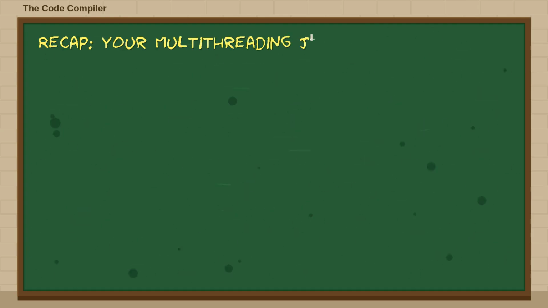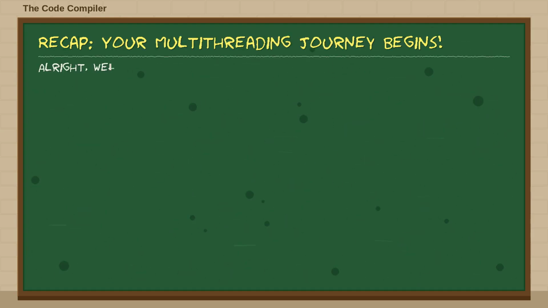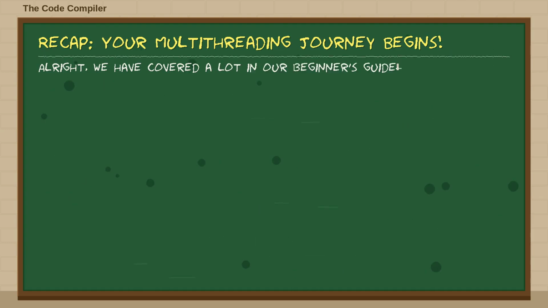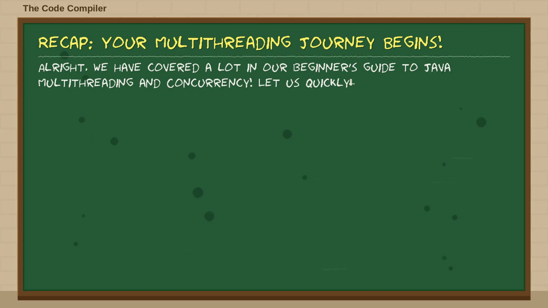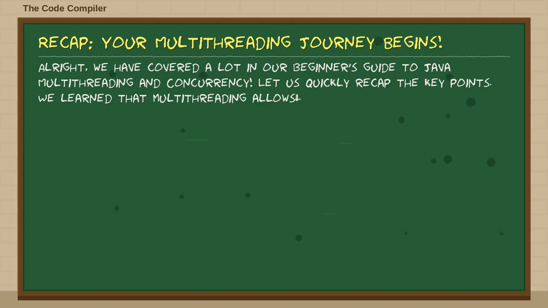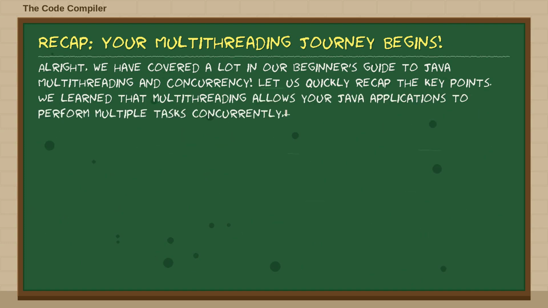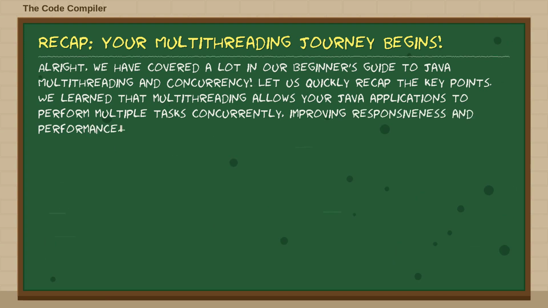Alright, we have covered a lot in our beginner's guide to Java multithreading and concurrency. Let us quickly recap the key points. We learned that multithreading allows your Java applications to perform multiple tasks concurrently, improving responsiveness and performance.